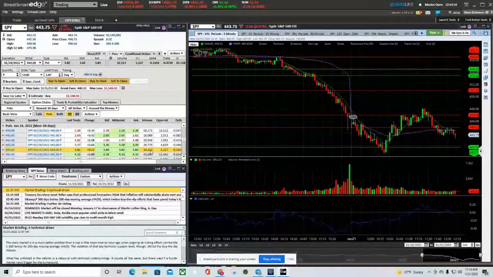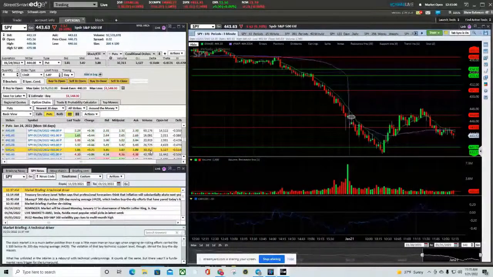Ideally, I like to go with the one with the highest volume and highest open interest, but the SPY generally gives you very good volume on most contracts. This 444 put, trading at 380, has 30,000 in volume and 5,000 in open interest. So I would go with that one. That's a really good one to do a day trade on.